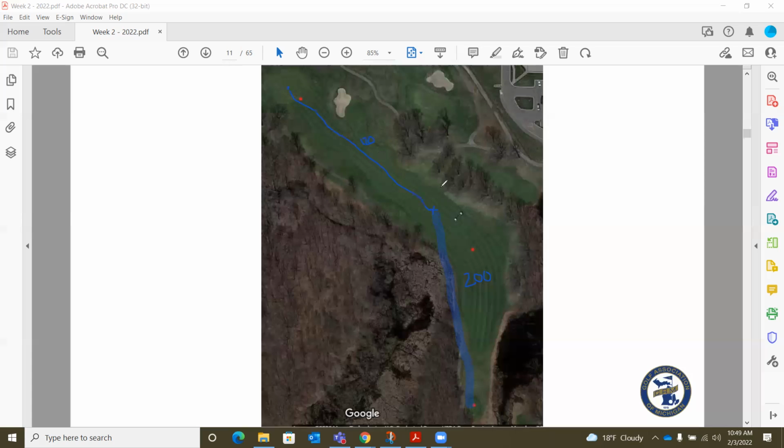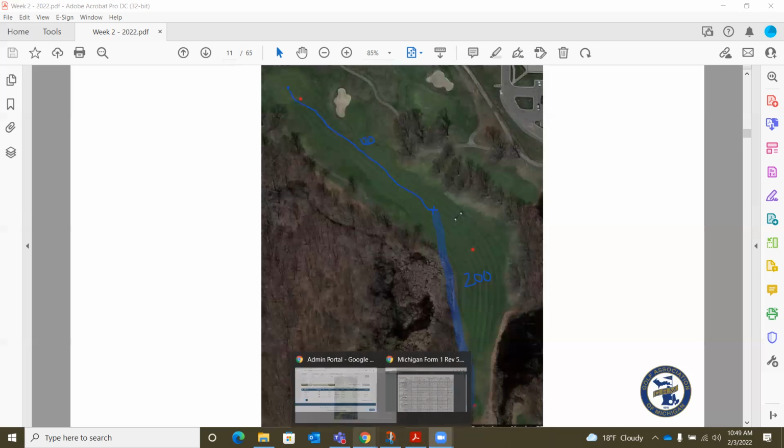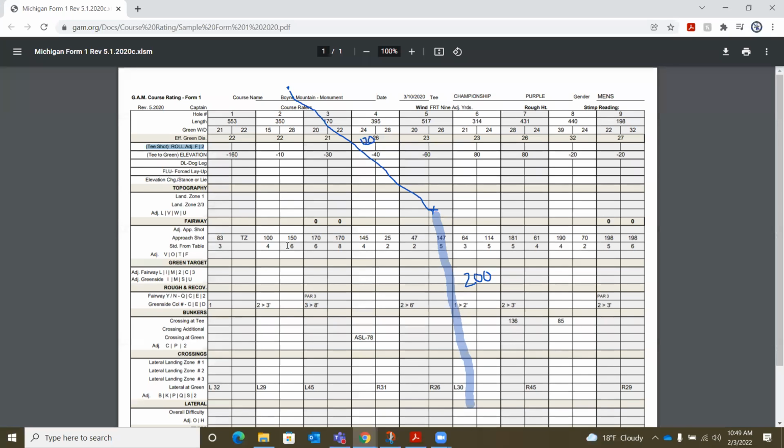Then we look at our Form 1, and for the second hole we're supposed to be at 150, but now we're at 120. That means we've cut 30 yards off the length of our hole. So on our Form 1, we would write in minus 30 for dogleg.